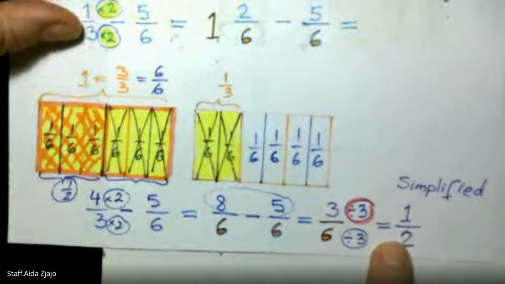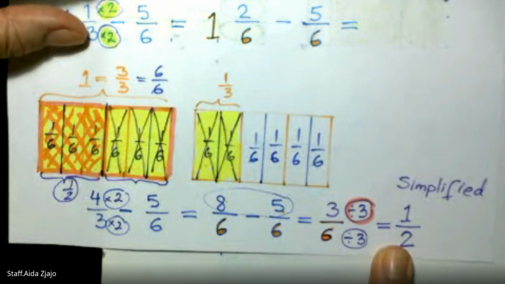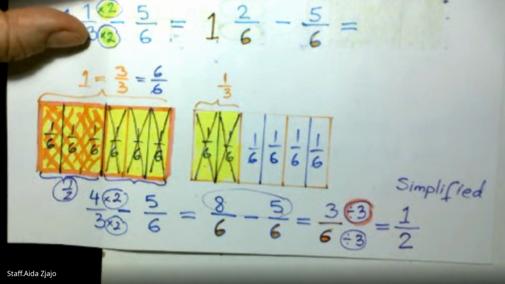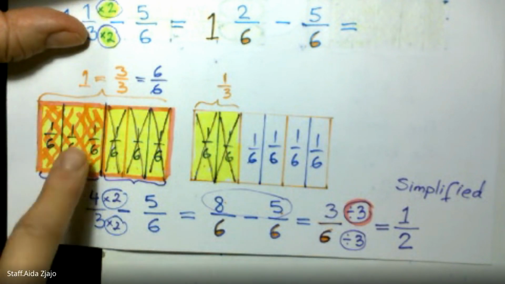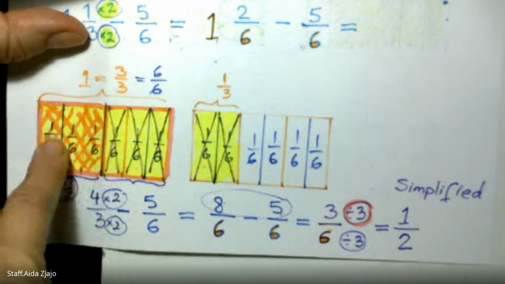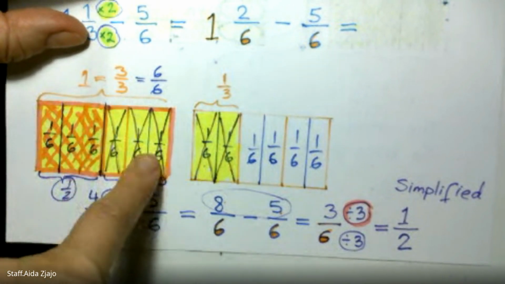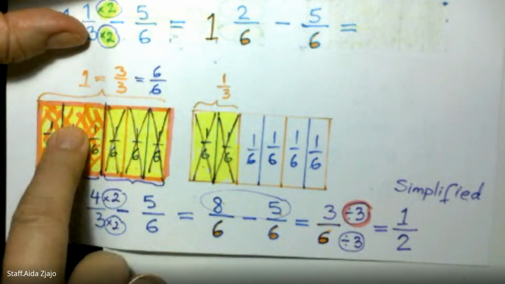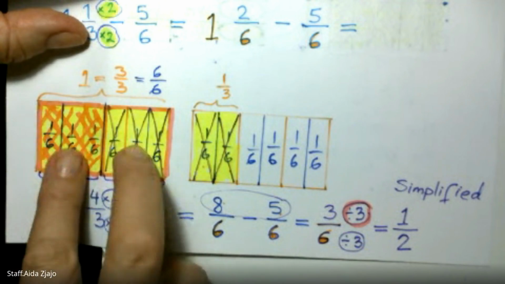When we simplify, we actually combine pieces together to create a bigger piece, if it's possible to combine them equally. 3 parts on this side are the same as 3 parts on the other side. So we can say these 3/6 are half of the whole.